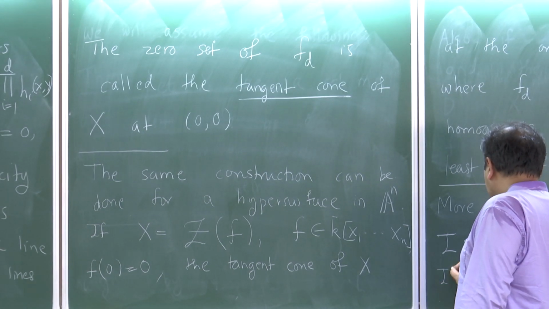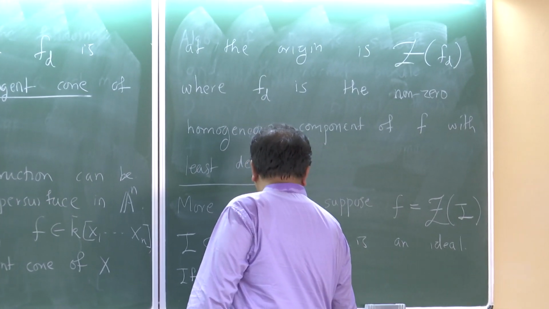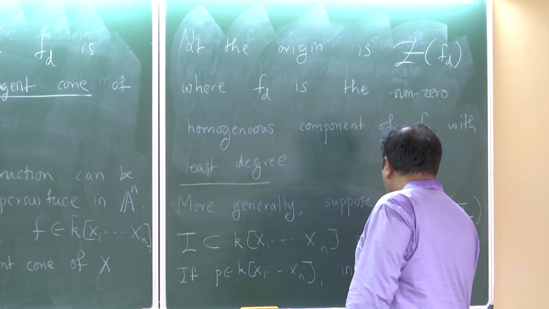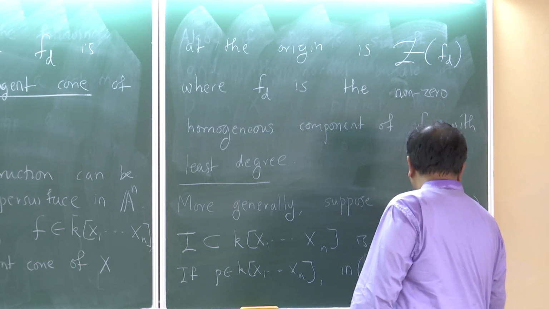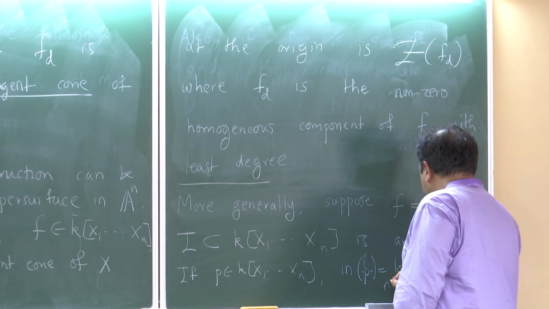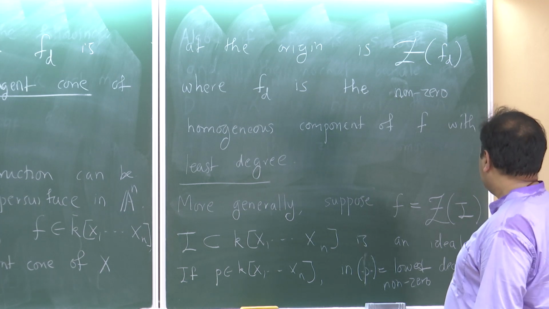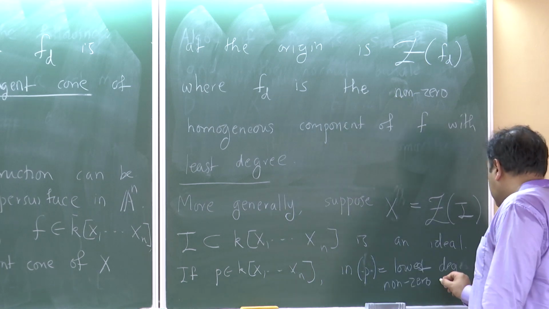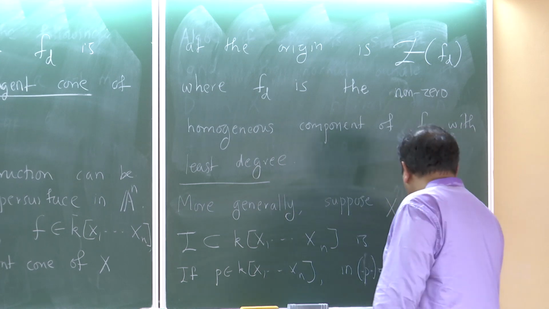If p is in k[x1, ..., xn], I will define the initial form of p equal to the lowest degree non-zero homogeneous component of p.